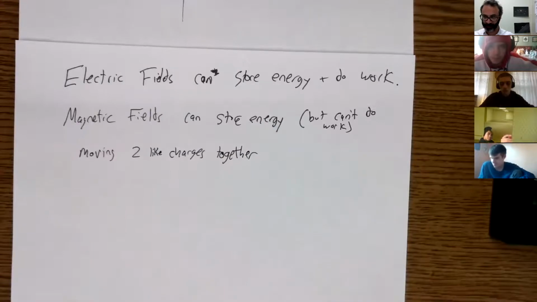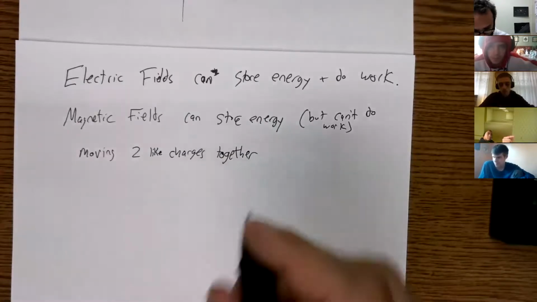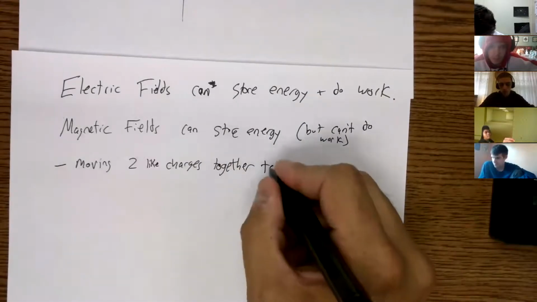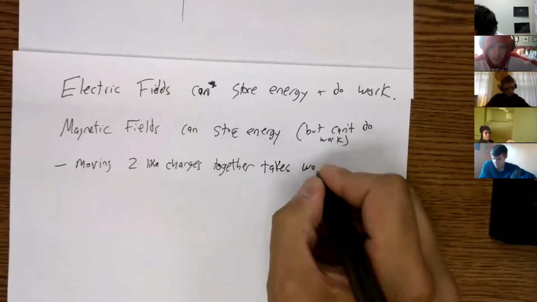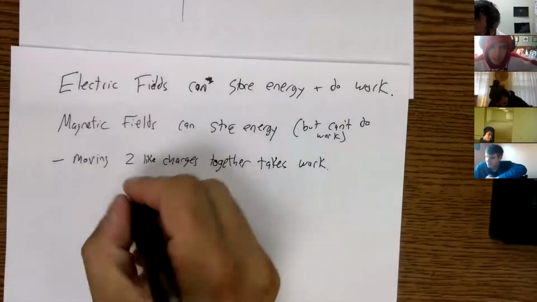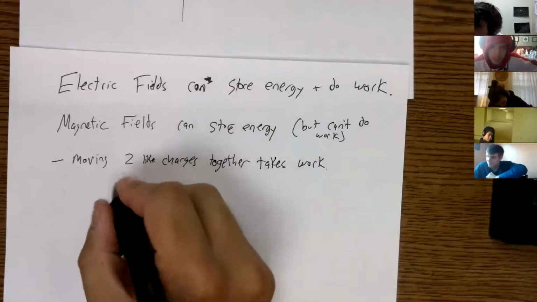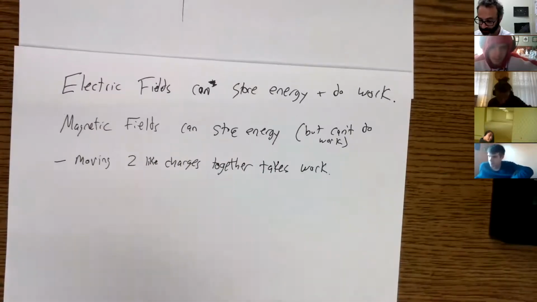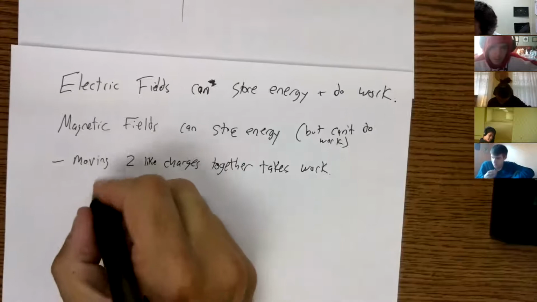That's going to take effort to bring those two together because they repel. So moving two like charges together takes work, right? So what really happens there with the energy is that you're turning mechanical energy into electrical potential energy. The mechanical energy of the charge that you're moving turns into electric potential energy.